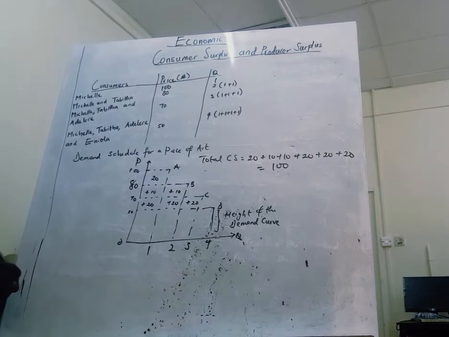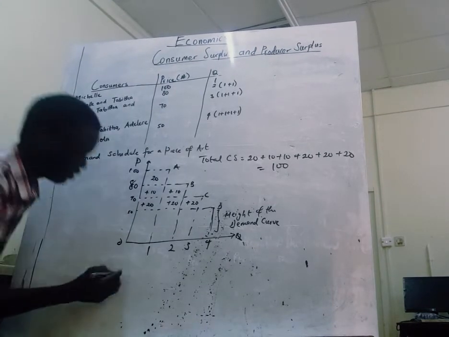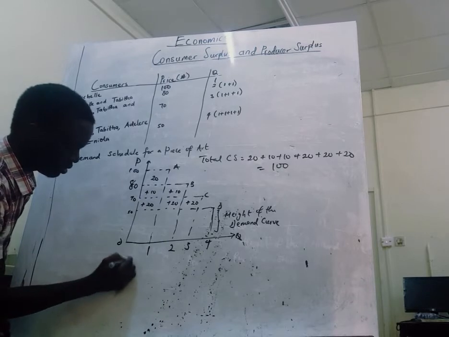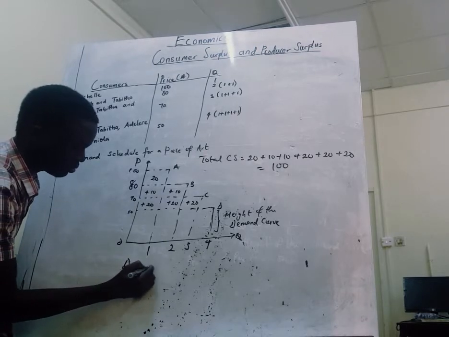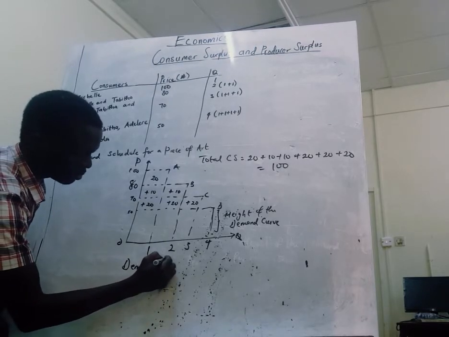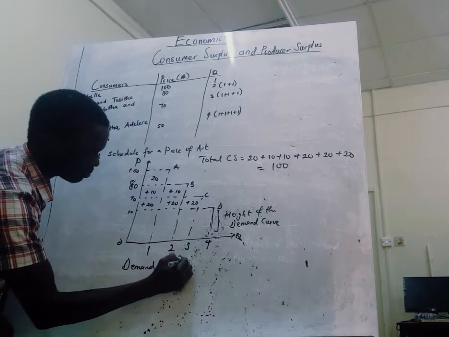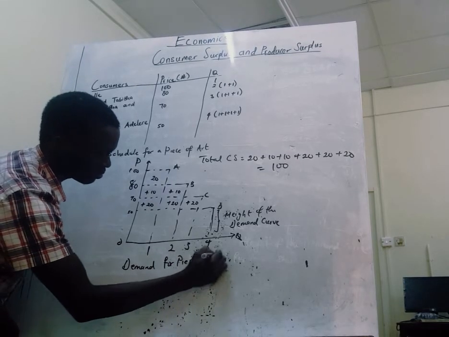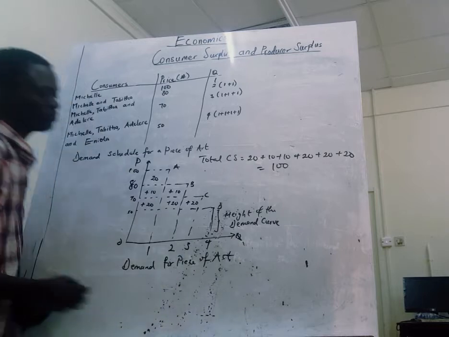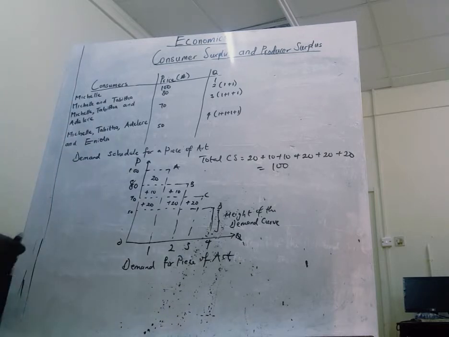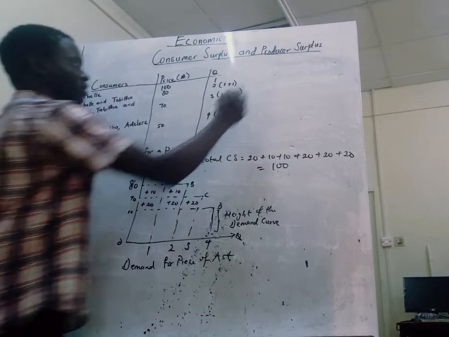So our consumer surplus in this particular market for a piece of art, so we have demand for a piece of art, is simply 100.